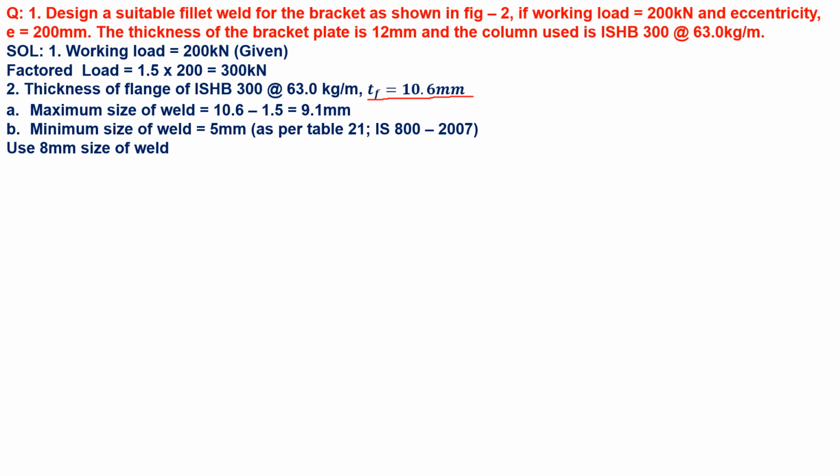Therefore, we calculate the maximum size of weld as 9.1 millimeter and the minimum size of weld as per table number 21 comes out to be 5 mm. So we have to provide a size of weld between 5 mm and 9.1 millimeter. Hence, use 8 mm size of weld.